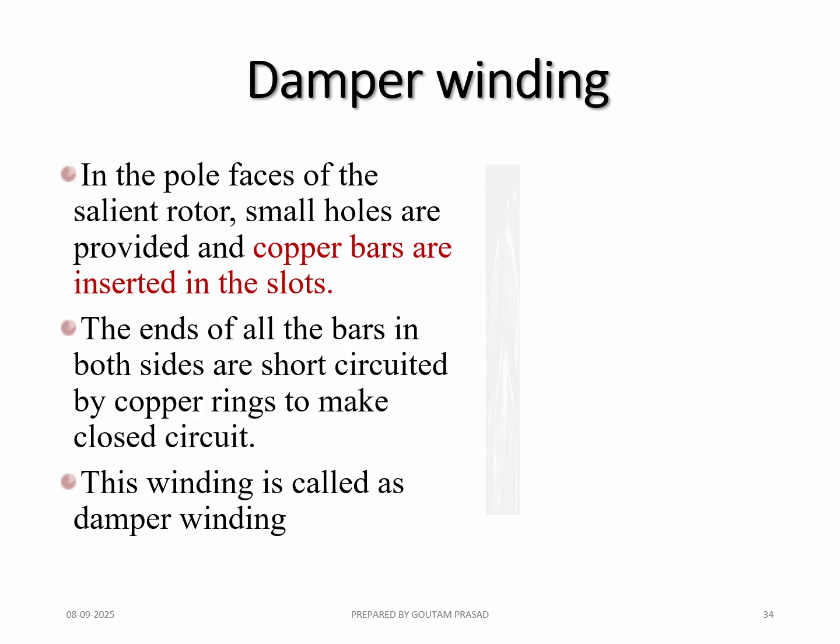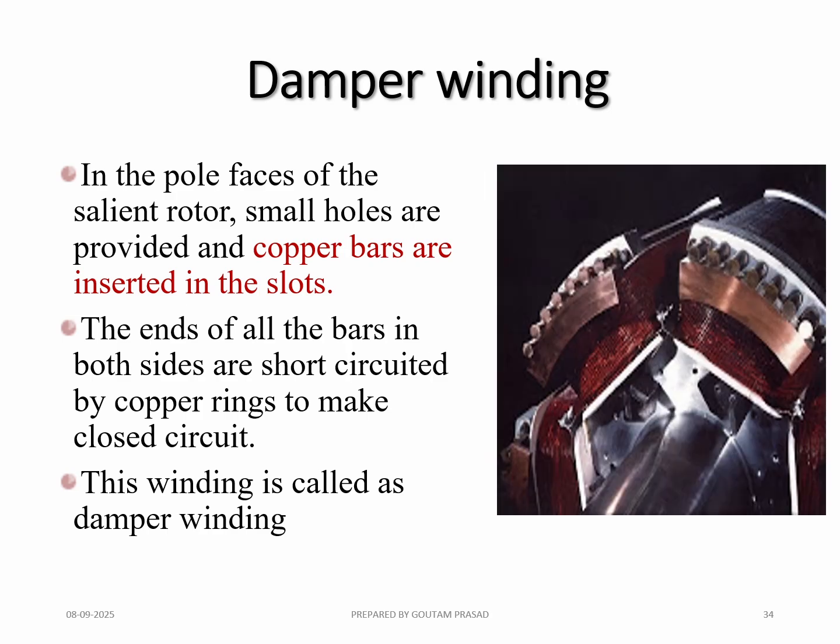This winding is called damper winding. As you can see in the picture, this is the damper winding. Bars are inserted in the pole tip slots, and they are shorted on either side of the pole also. So it takes care of the variation in the load that causes hunting.